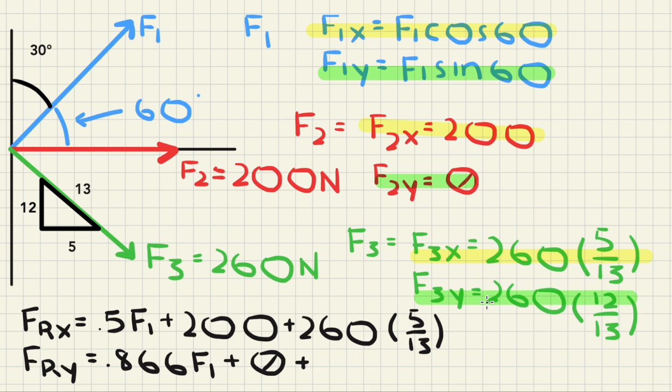And then this one here, but there's one thing that I forgot to include is that this value is actually negative because this one goes in the negative y direction. Try to pay very close attention to those directions because it does matter a lot whether these are positive or negative. So we have 260, 12 over 13, and those are our x and y components for the resultant.